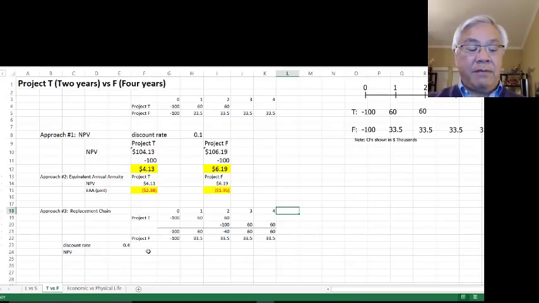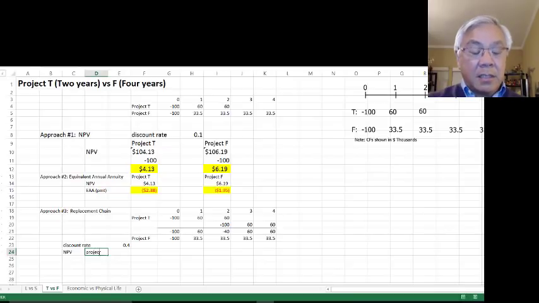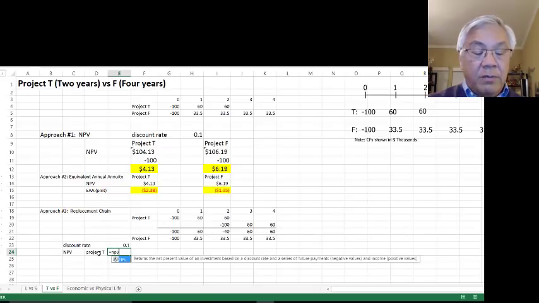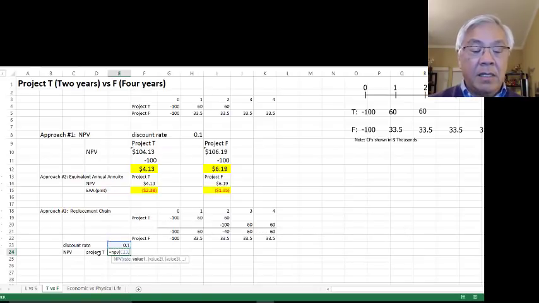Now we can pull the NPVs. So let's do project T, and the NPV equals NPV, open parens, discount rate, which is 0.1, comma, and we go here from T1 to T4, close parens, and we'll factor the $100 investment.